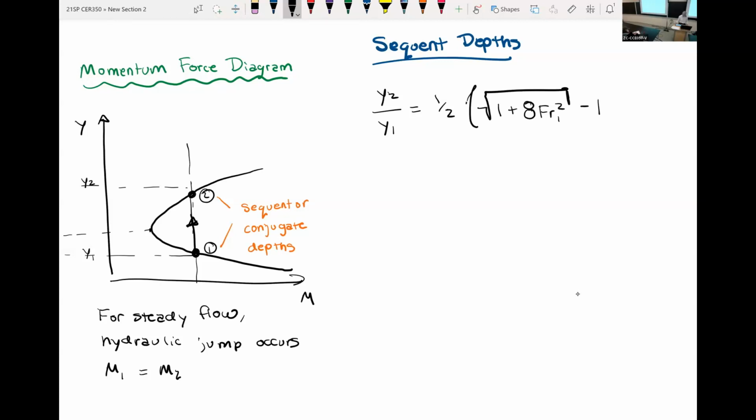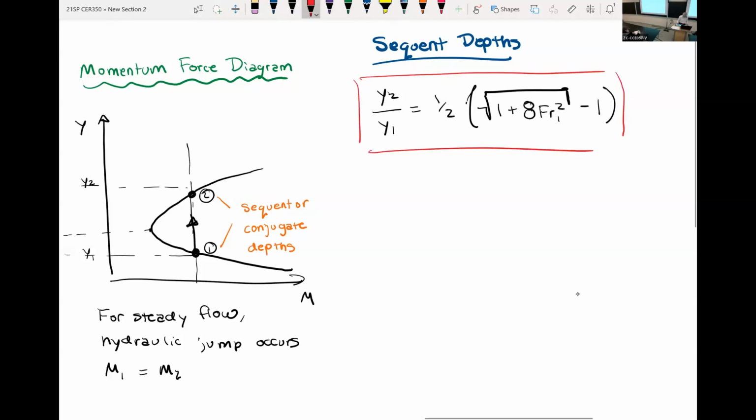And I just want to be very intentional about where that square root ends there. Again, this is the general form for all channel geometries.